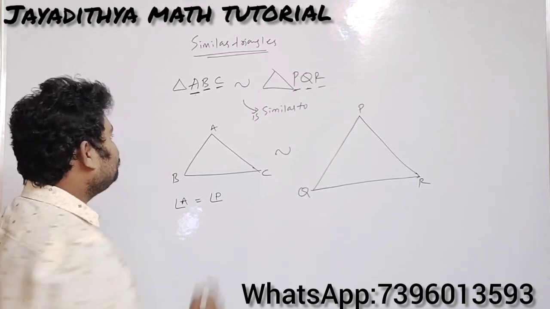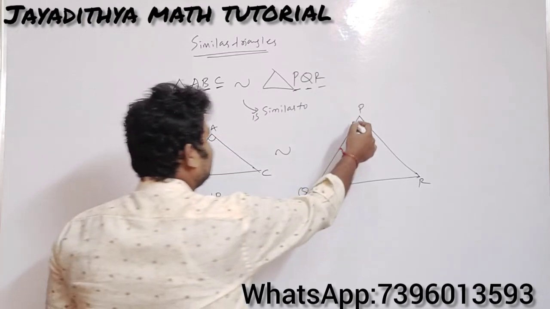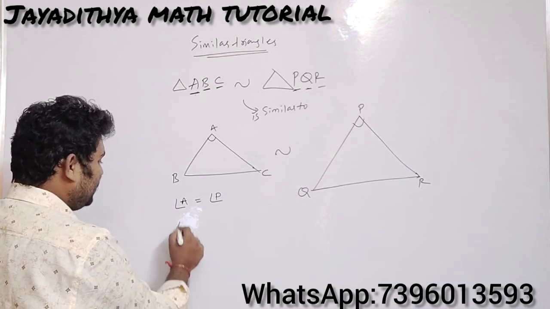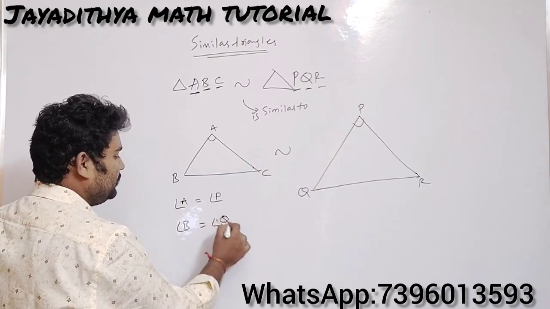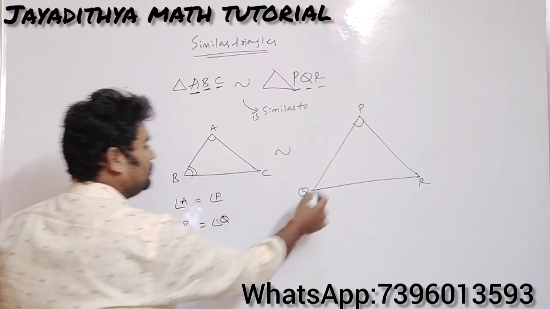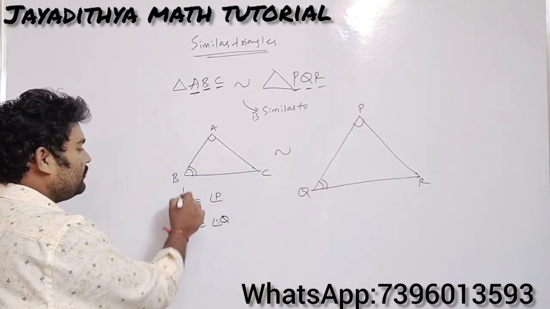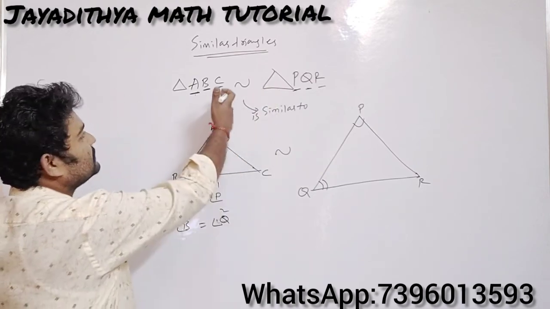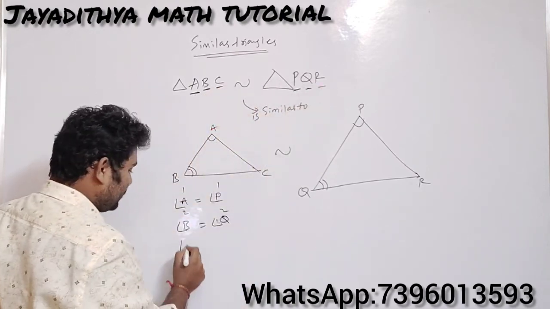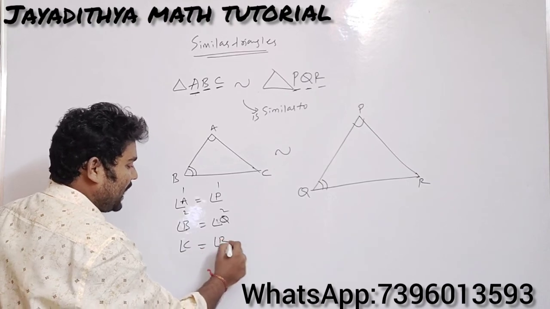So angle A is equal to angle P, and angle B will be equal to angle Q. See here, first angle, second angle in this notation. And what is the third one? Angle C will be equal to angle R.